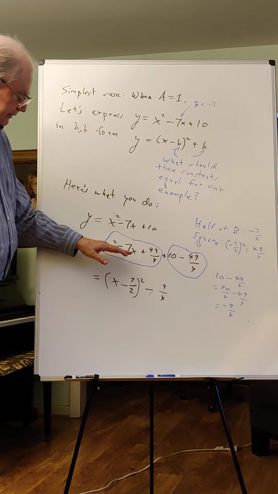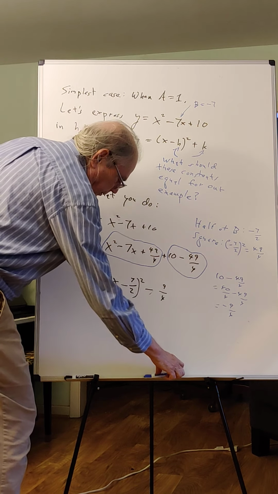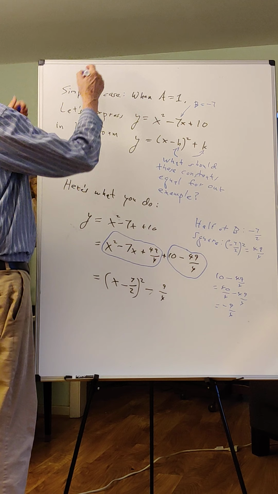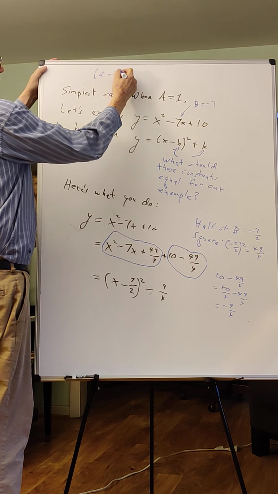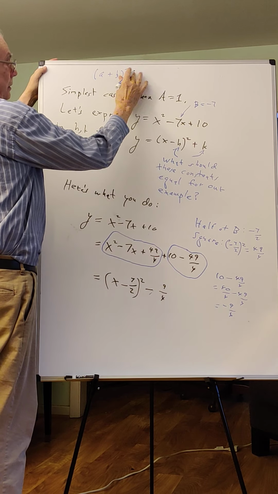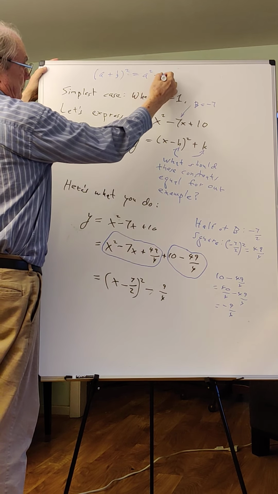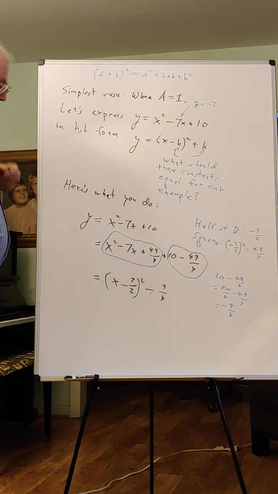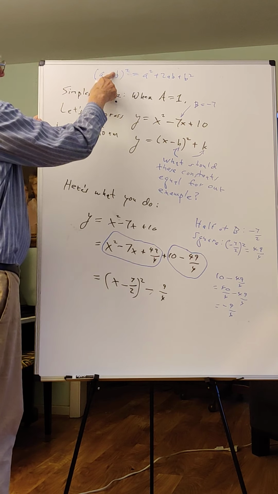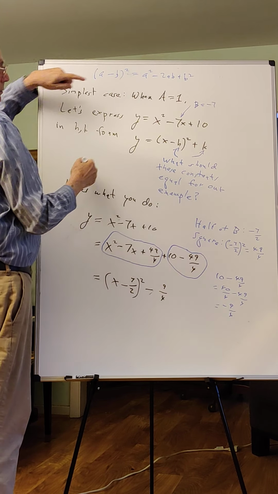All right, now if this step from here to here is mysterious to you, just remember from algebra, not algebra 1, when you square a binomial, you get a middle term. A plus b squared is a squared plus 2ab plus b squared. Remember that? Okay, and a minus b squared is a squared minus 2ab plus b squared.